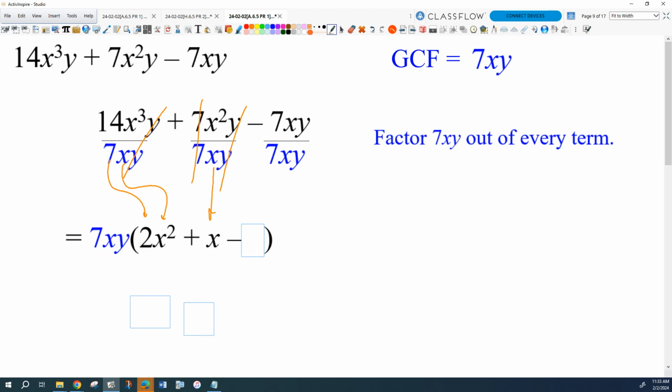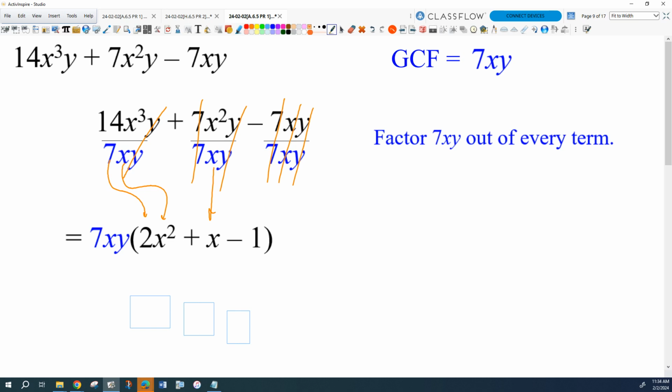How about this? 7xy times what is negative 7xy? Negative 1. Or again, pay attention to this, because this is a place where people make mistakes. The y's cancel, the x's cancel, and the 7's cancel. When stuff cancels vertically, does it equal 0 or 1? 1.